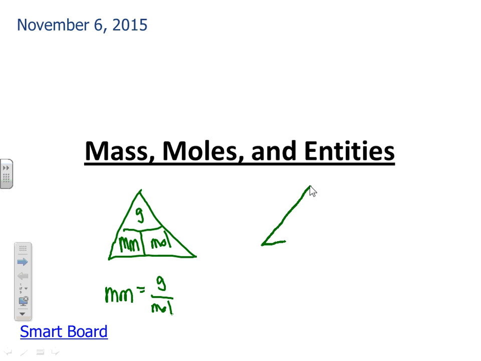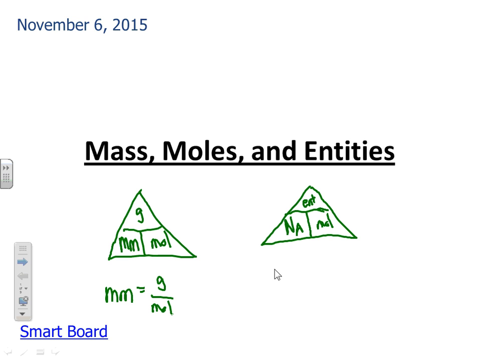But remember, the day before, we learned about how to deal with entities, all right? And that dealt with Avogadro's number, okay? And that triangle, the way I like to write it, is that Avogadro's number, that big number, 6.02 times 10 to the 23, is equal to the number of entities per mole.